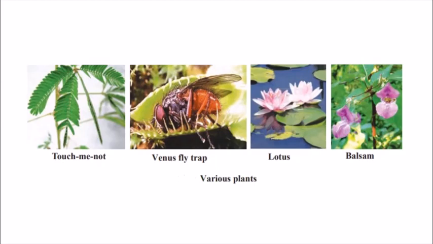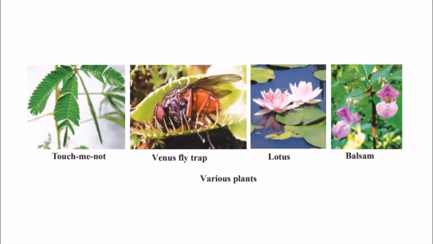A few examples of growth irrelevant movement: when you touch the mimosa plant, or touch-me-not plant, the leaves automatically close as soon as you touch them. This is because of the electrochemical impulse in it. In the Venus flytrap, if an insect comes and sits on it, it tries to enclose the insect inside, also because of the electrochemical impulse.